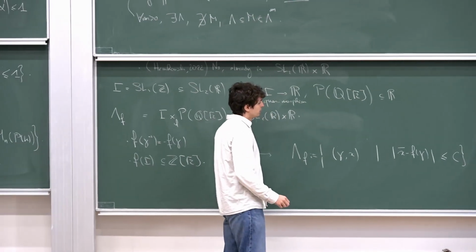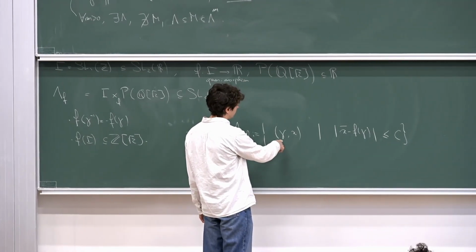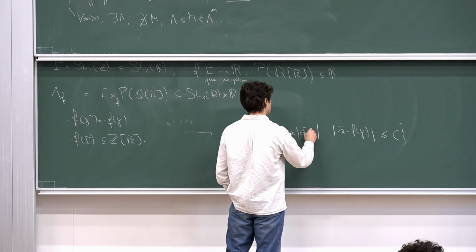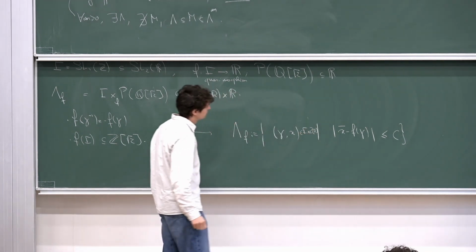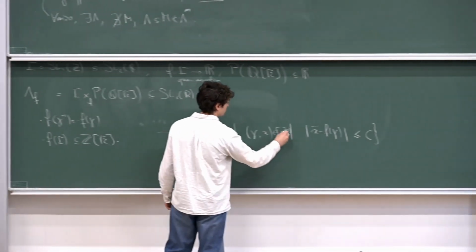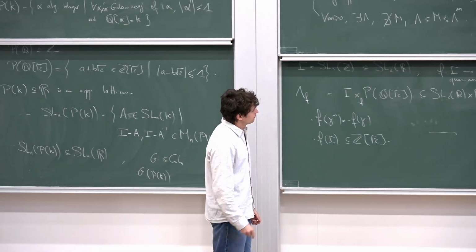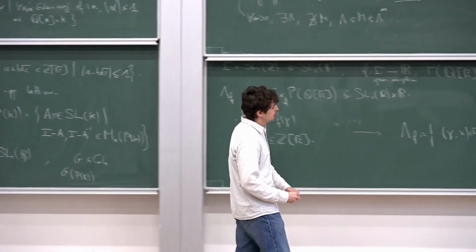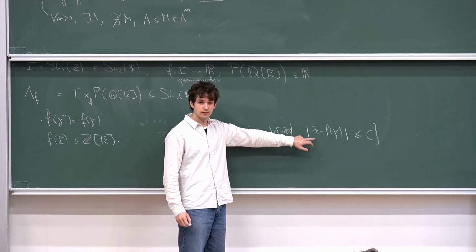And here, what do I mean by that? This lives in gamma times Z square root of 2. And this is my notation for the Galois conjugate of x.